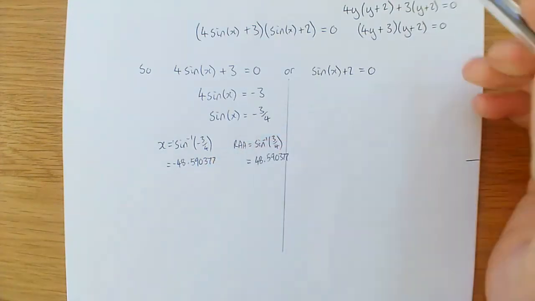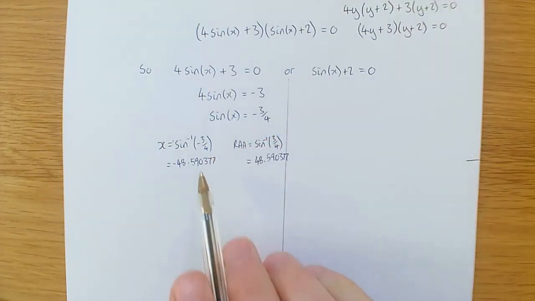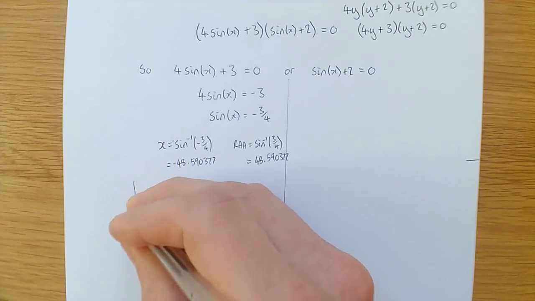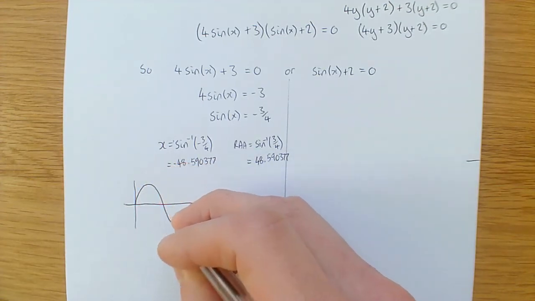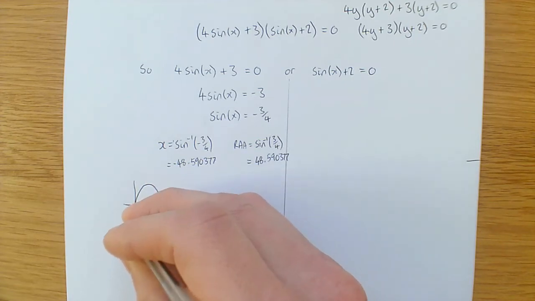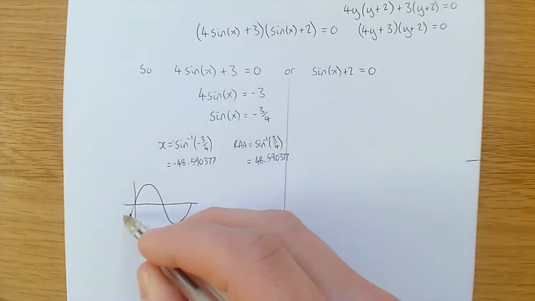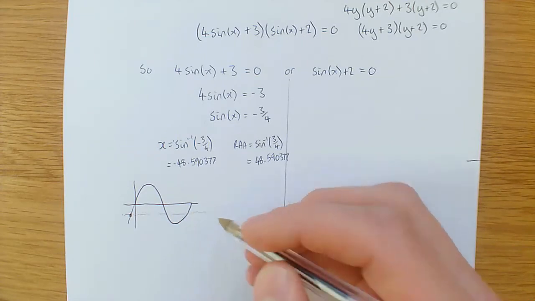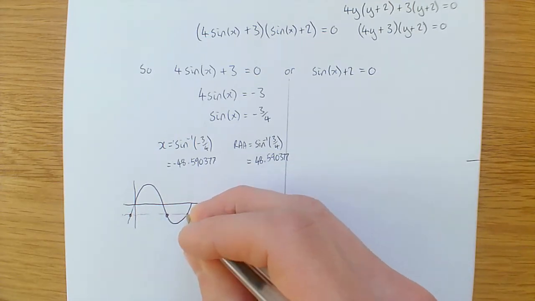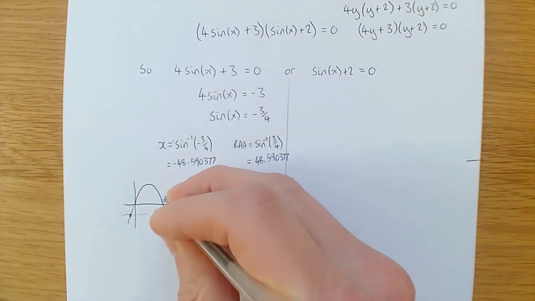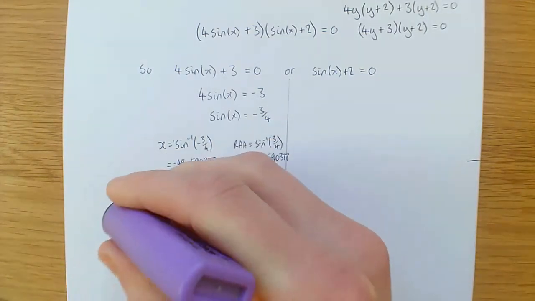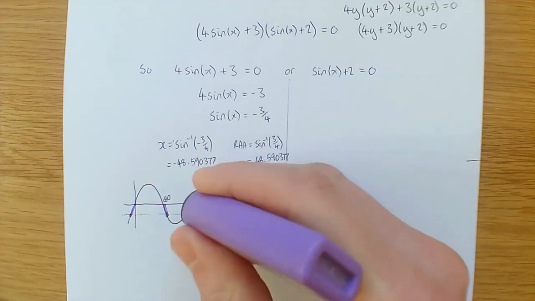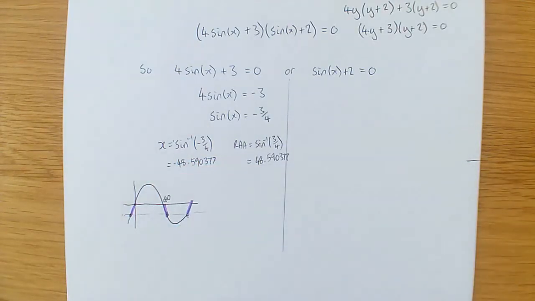This angle's not in range. Remember, we're looking between 0 and 360, but let's use our graph or our CAST to find two angles that are in the right range. There's our sine graph, so our minus 48 angle is along here. We're looking for these two along here and here. If that's 180, we're using our graph to spot that bit of the graph, that bit and that bit all look very similar.